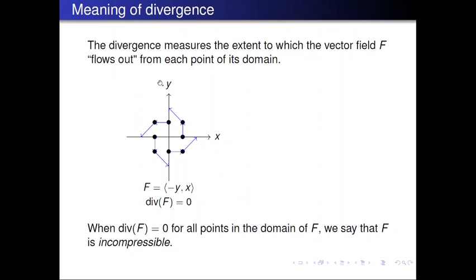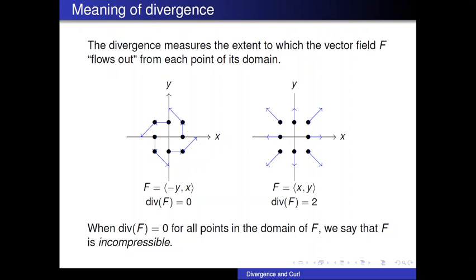If you recall the picture that we had drawn of this in GeoGebra, I think it was a little more clear when everything is filled in, that at each point, everything that's flowing out is also flowing back in in an equal way. So this vector field has divergence equal to 0 at every point of the plane. And when you have a vector field big F whose divergence is 0 everywhere, we say that F is incompressible. Just a little bit of jargon for you there.